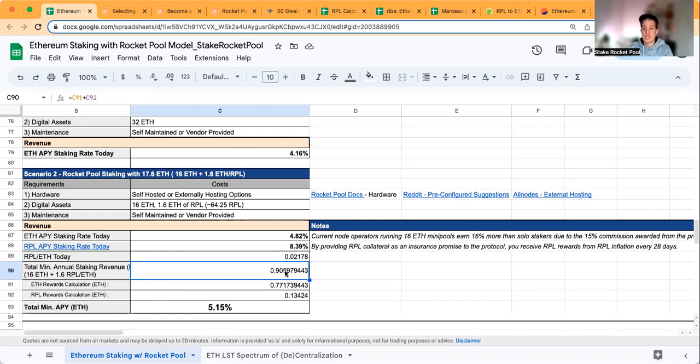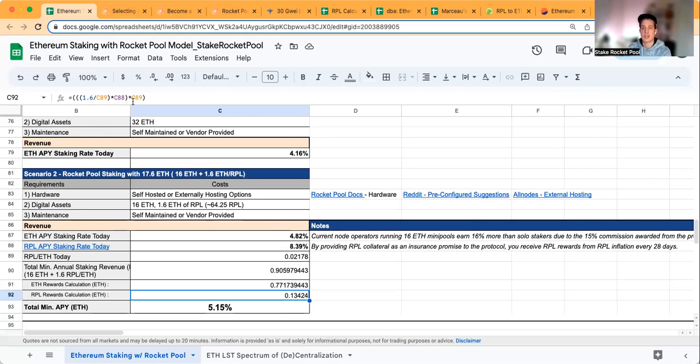But we are taking the total validator returns at the current rate, and then being able to take what we have below, which is your ETH rewards based on your 16 ETH that you have staked, and then your RPL rewards based on your 1.6 ETH of RPL at the RPL staking rate, and then denominated back in ETH at the current RPL to ETH rate.